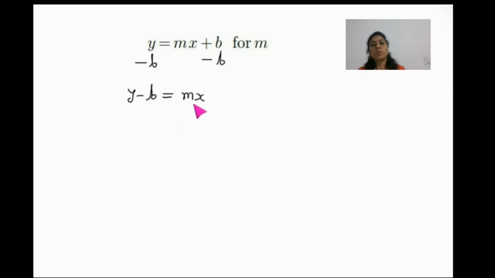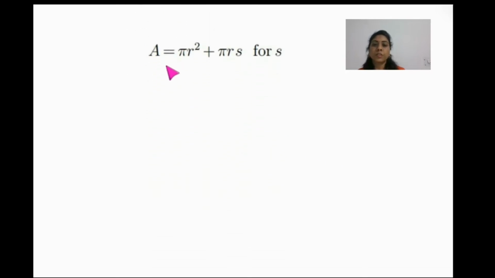Now we have to remove x from m, so divide both sides by x. It cancels, and we just write m = y minus b upon x. And this is our answer.